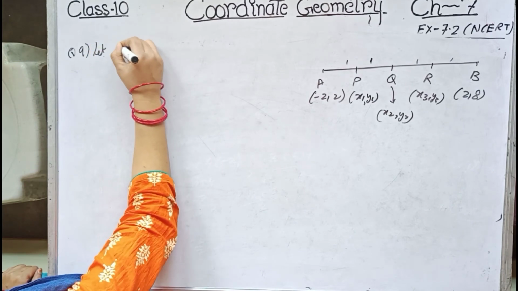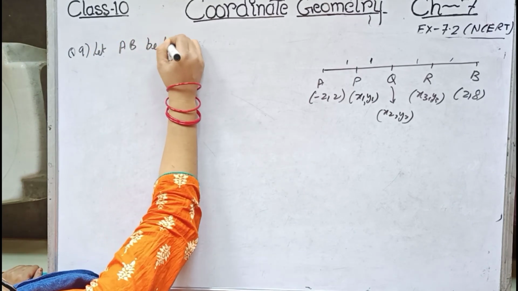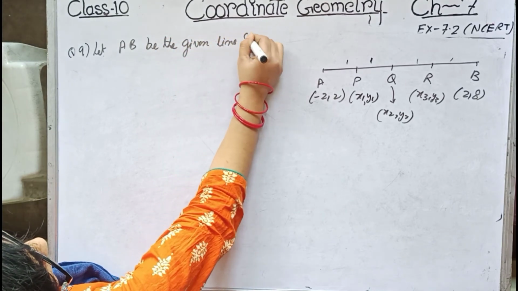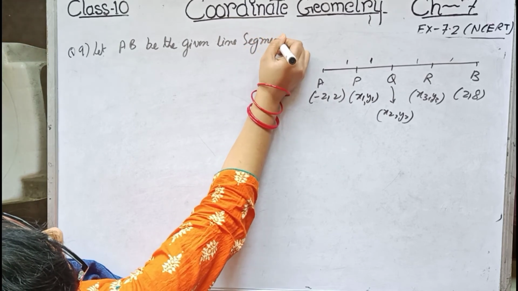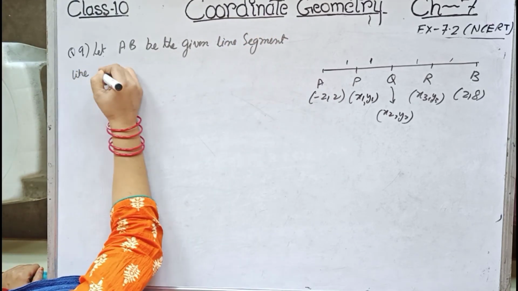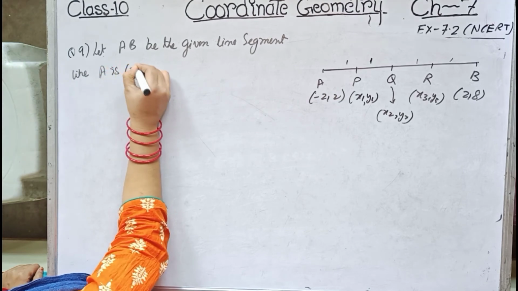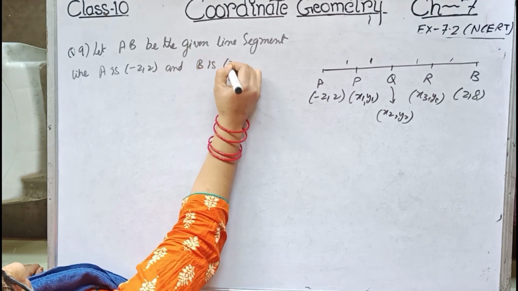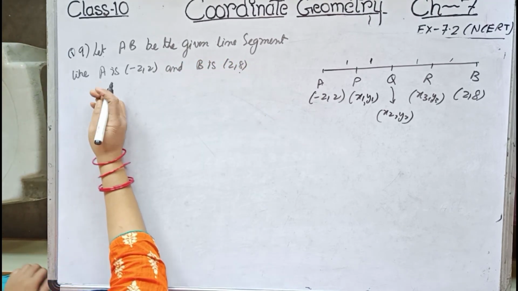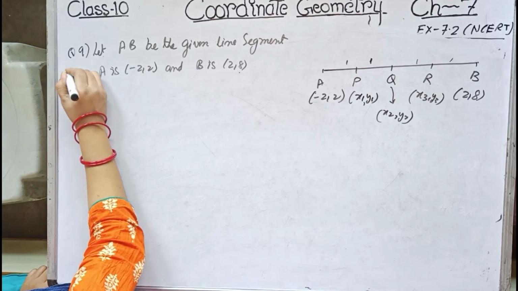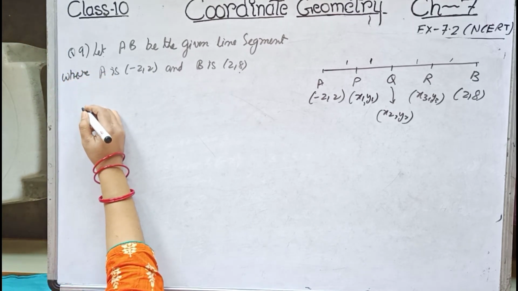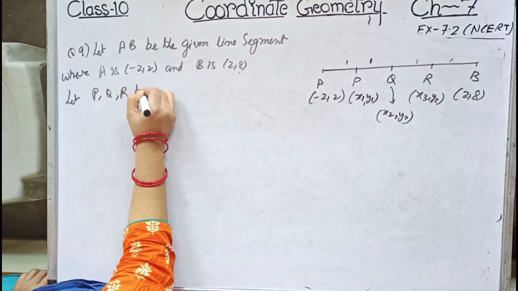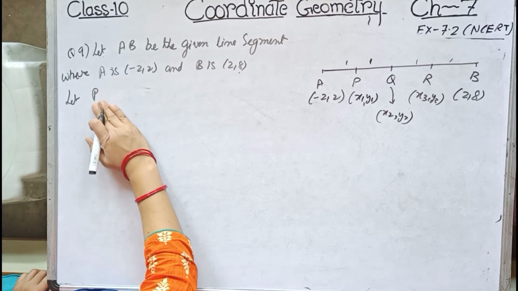Let AB be the given line segment, where A is (-2, 2) and B is (2, 8), where let P, Q, R, just write the coordinates also.